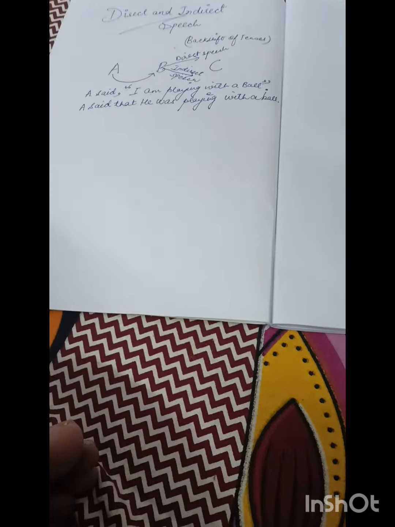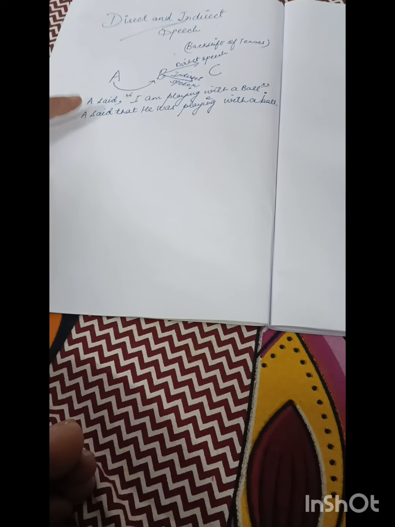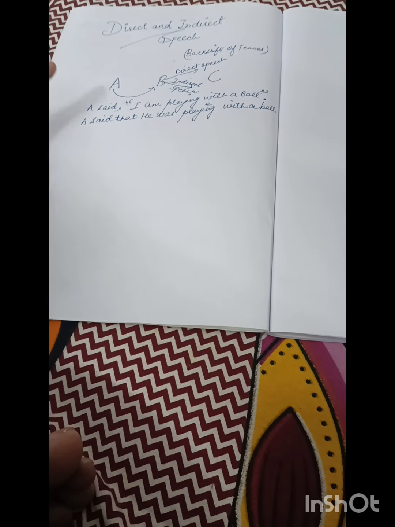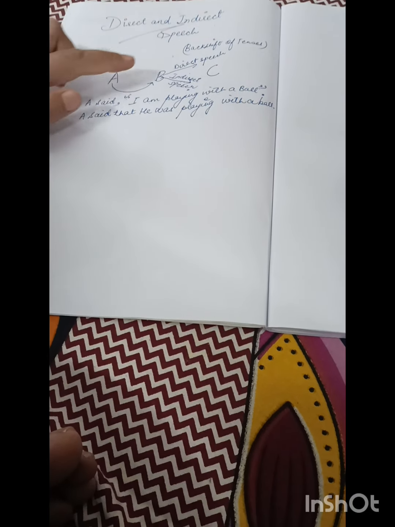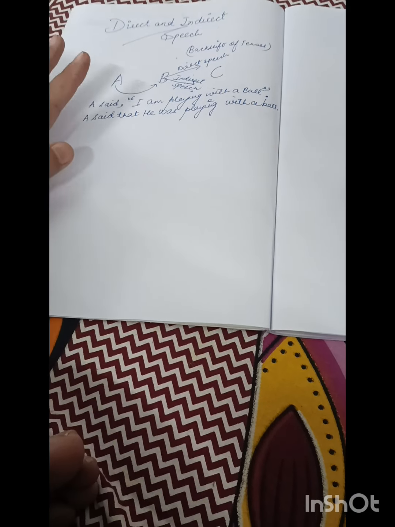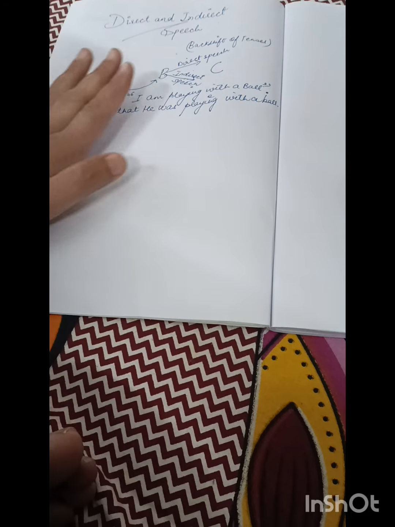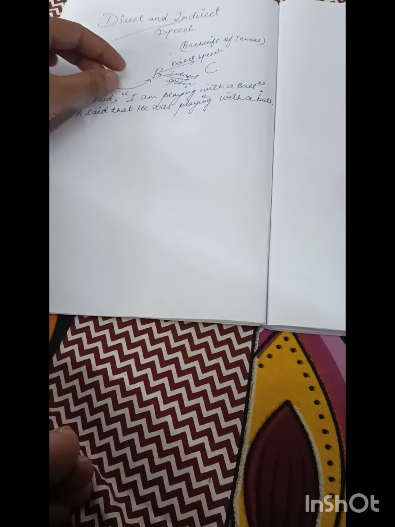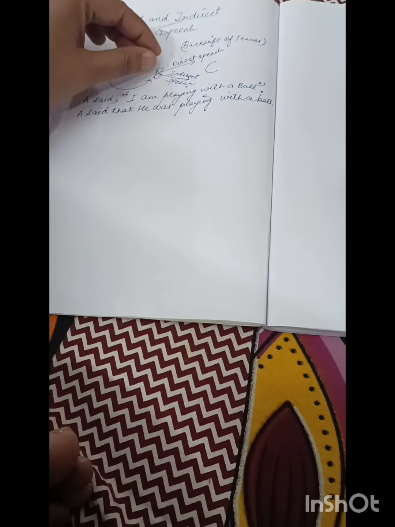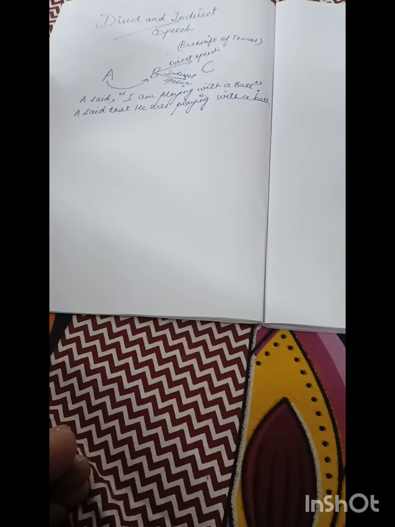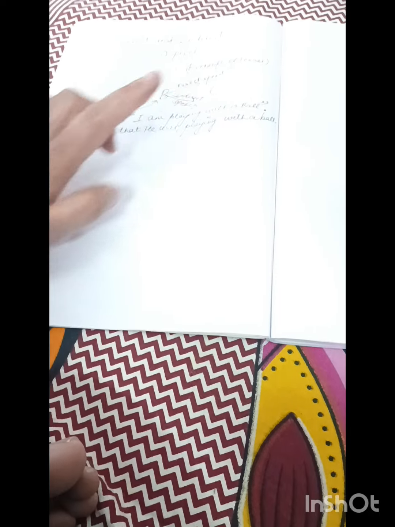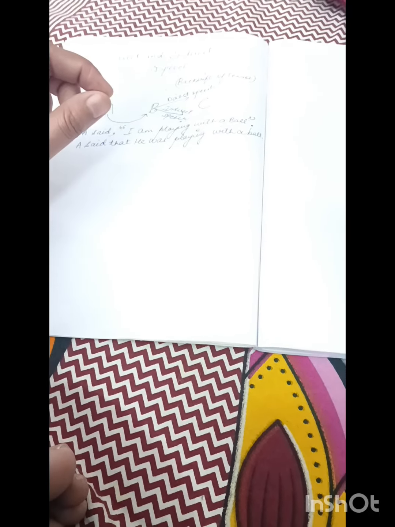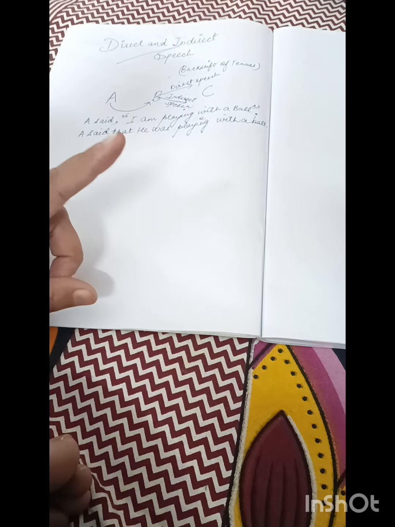Full stop. Now, what is the rule behind it? See, B had two options of conveying the words. One is direct speech, wherein he used the actual words of the speaker. Whatever A said, the same words are conveyed by B to C. The other way is indirect speech, wherein he is conveying the words of the speaker but changing the words, not the meaning.